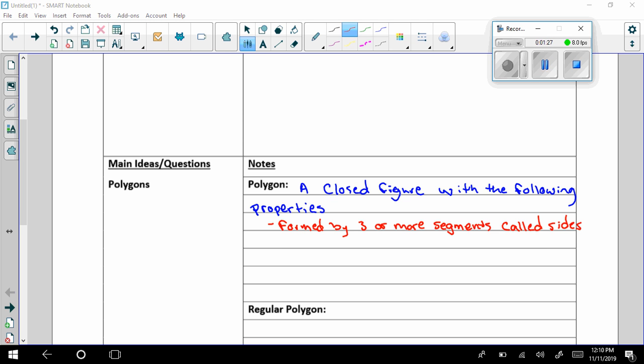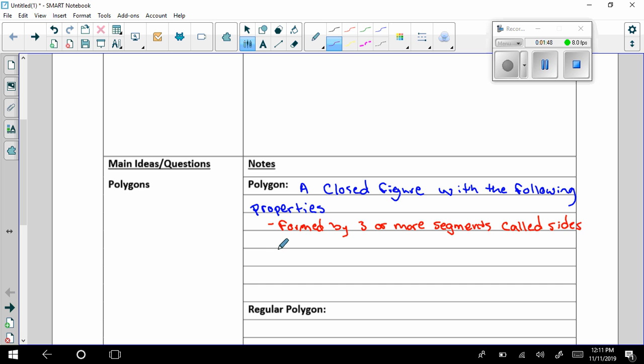Okay, it's formed by 3 or more segments that we call sides. They have to be line segments, so they have to be straight. They have to all connect together, so it's closed, there's no openings in it, and they can't cross over each other. So formed by 3 or more sides.